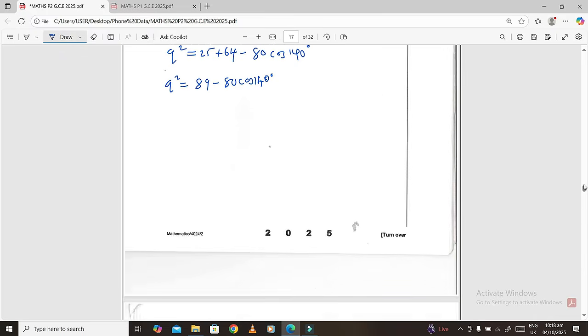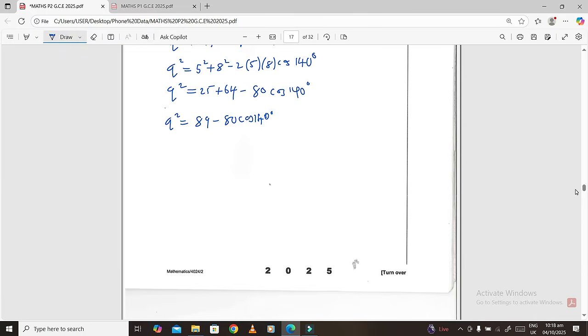Here we're just going to punch 89 minus 80 cos 140 into the calculator. It gives us 150.2838355554.